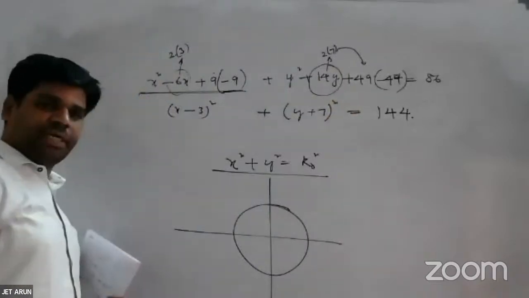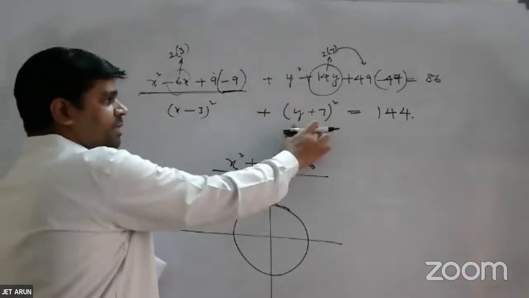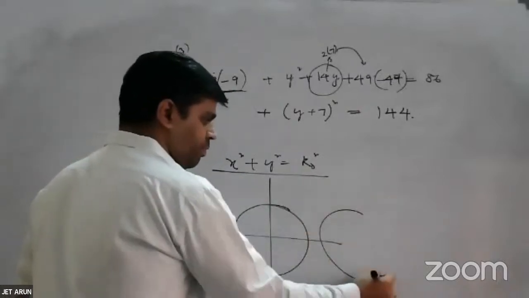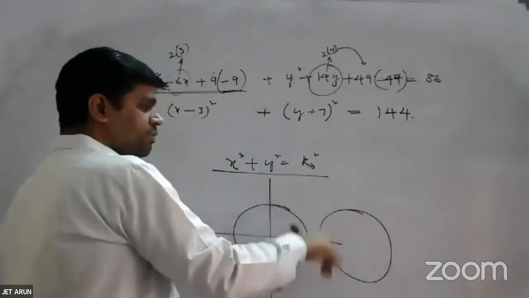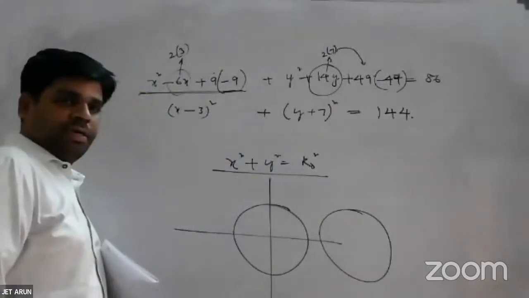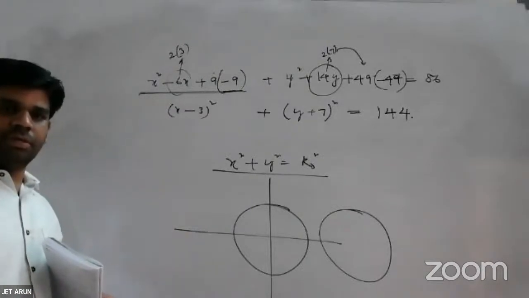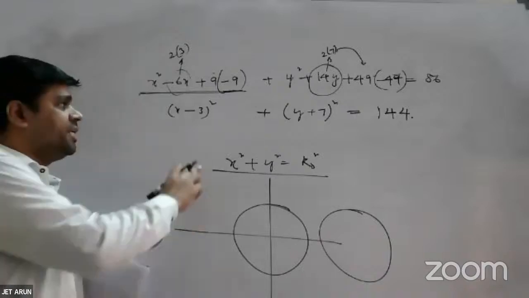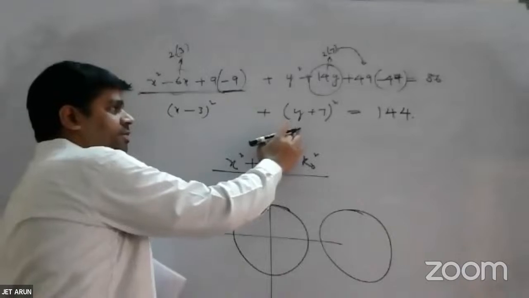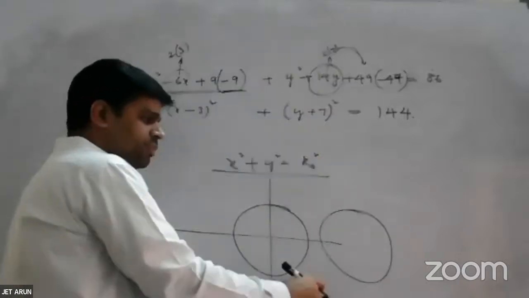That means my conic is definitely shifted. Where does it shift? X minus 3, y plus 7: 3 units towards the right, 7 units downward. f of x plus a should be upward, so y plus 7 means f of x goes down, it will be negative.